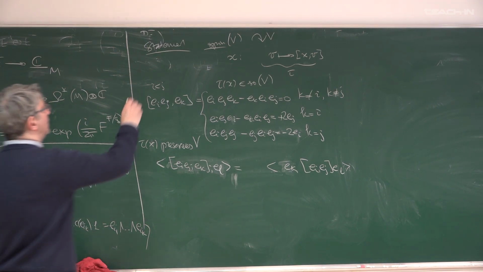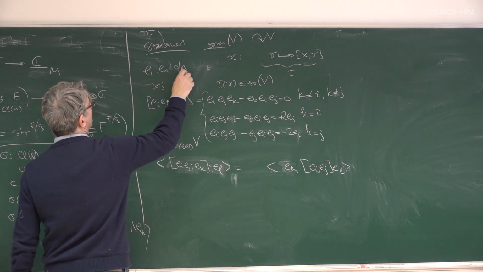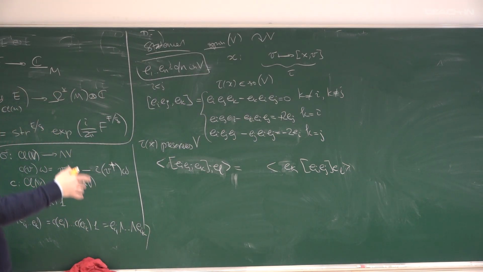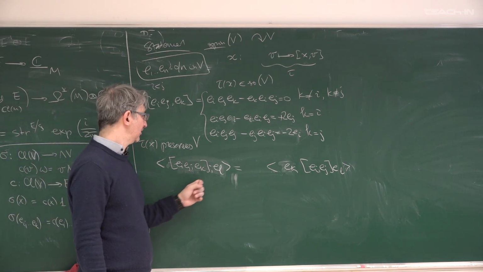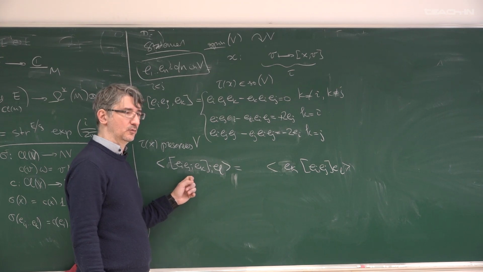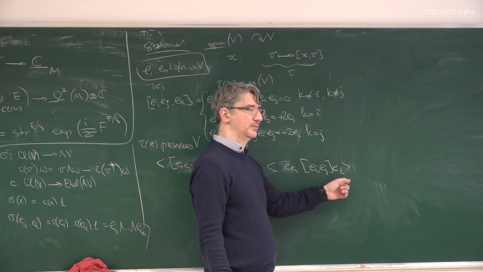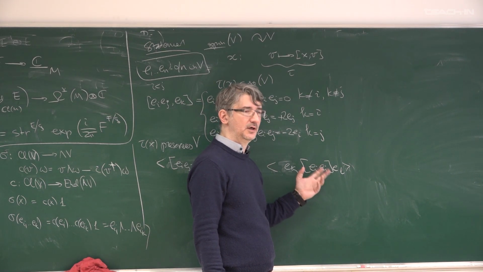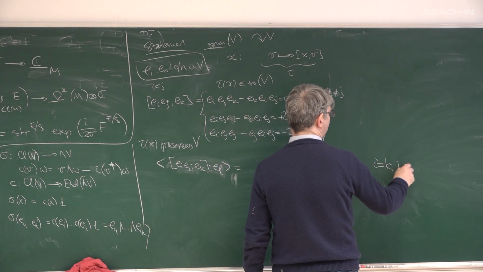We can think that e_1 through e_n is orthonormal in V for simplicity, because we need to calculate scalar products. Look here. For this commutator to be non-zero, we need k equal to i or equal to j, otherwise it's zero. For the other not to be zero, we need that l is one of these letters. So the only interesting case is when i is equal to k and j is equal to l.